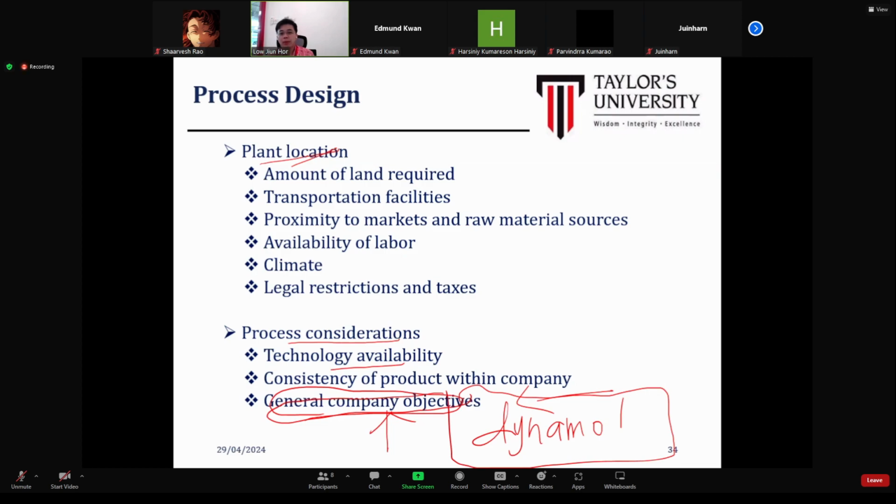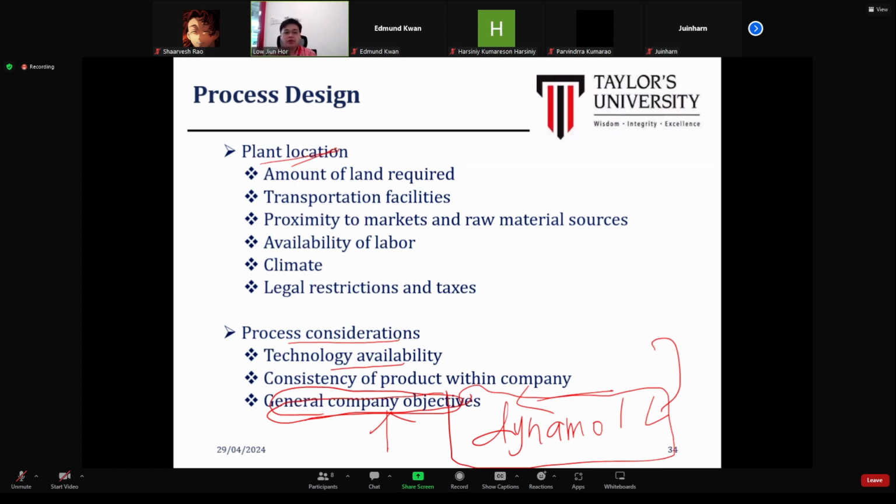Now you suggest your boss produce dynamo, then in that case, it's a bit weird, and it cannot tally with the mission and vision of your company. Then in that case, maybe you need to try to reconsider the project that you are going to produce, and propose to your boss.